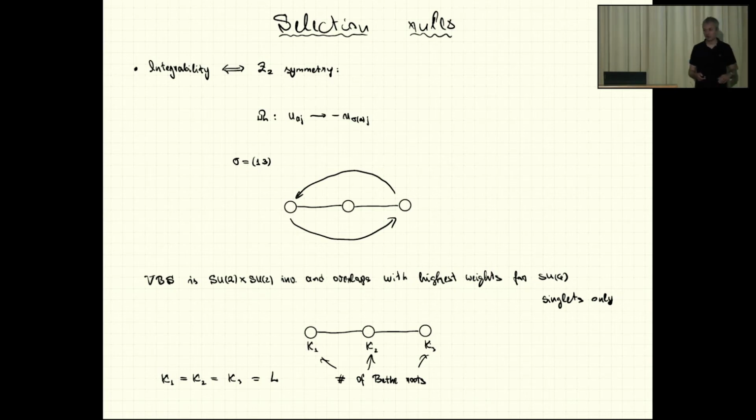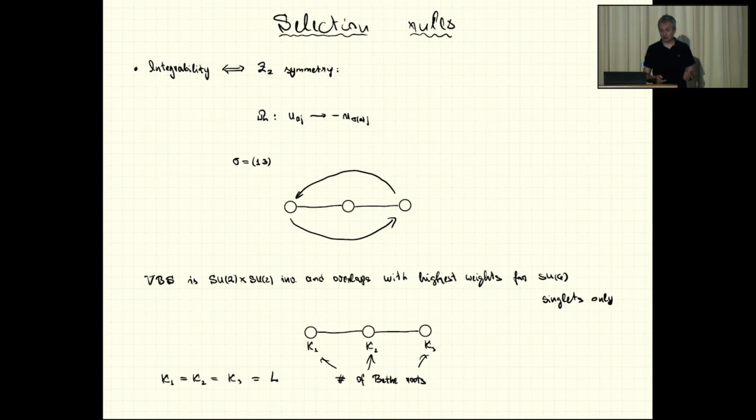In the terminology in this field, this state is called achiral. Then there is the parity symmetry. It changes the sign of auxiliary roots, and then it interchanges momentum carrying roots and also changes their sign.